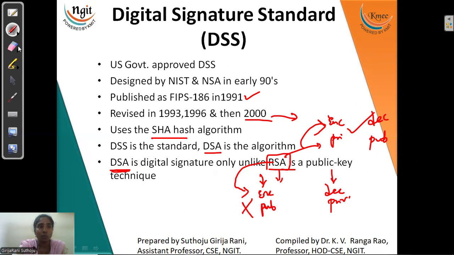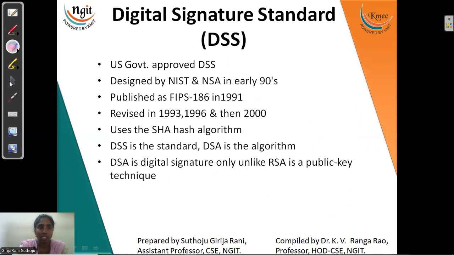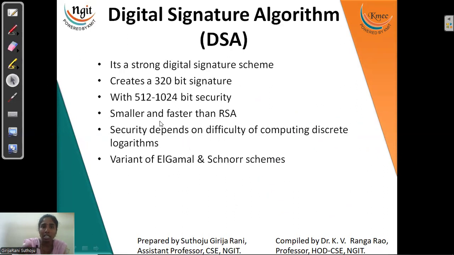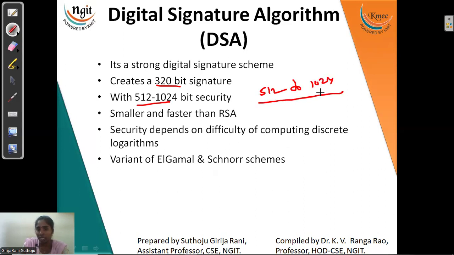Now, the introduction of the DSA algorithm: the number of bits it generates as a signature is 320 bits. The message it can accept is 512 to 1024 bits for security. Whatever the data it has, we must go with 64-bit blocks of data every time.